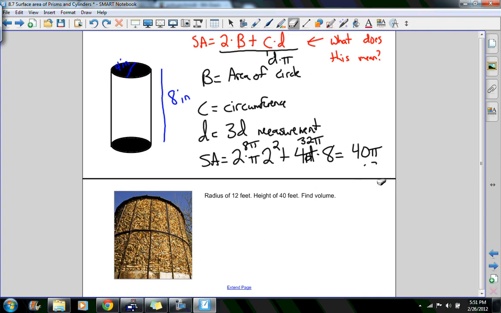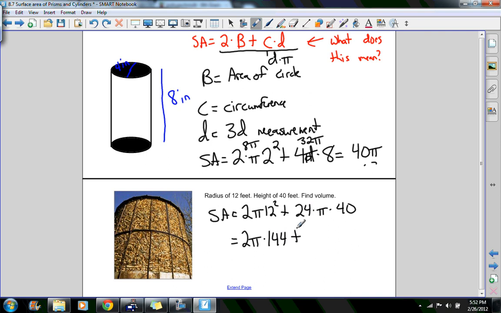Alrighty, so let's take a look. Now, I did surface area is equal to 2 times pi 12 squared, because this is r squared. And we're going to add in the circumference, which will be the diameter times pi. So that'll be 24 times pi times the height of 40. So now if I broke it down, 12 squared is 144. So that'd be 2 times pi times 144.